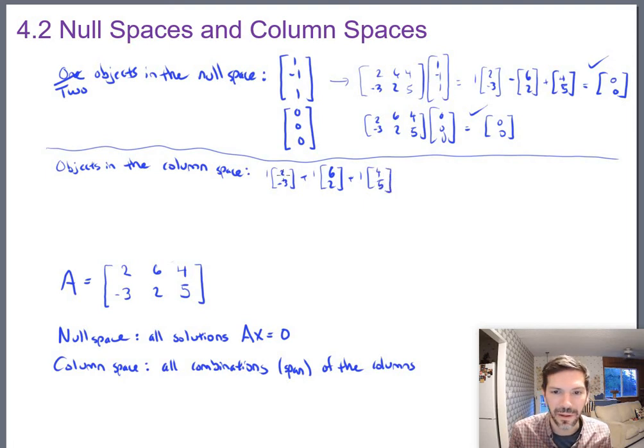And I think if I did that right, that's 8, 12. And that's -3 plus 2 is -1 plus 5 is 4. Yeah. So there's an object in the column space, (12, 4).